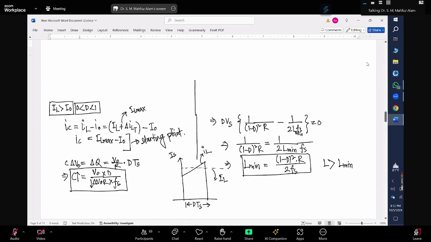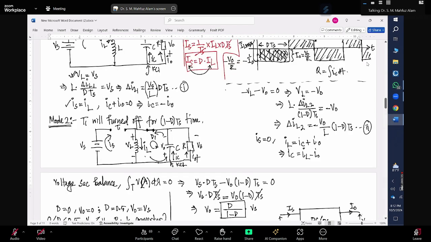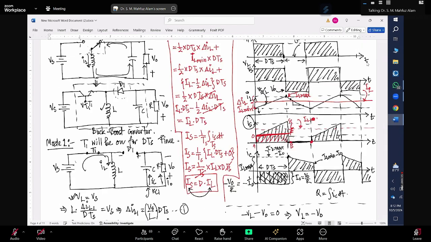Here you see the source current is exactly the same as the inductor current when the inductor is charging, right? Because the inductor current is directly coming from where? The source, right?